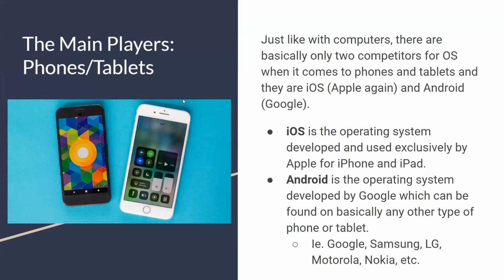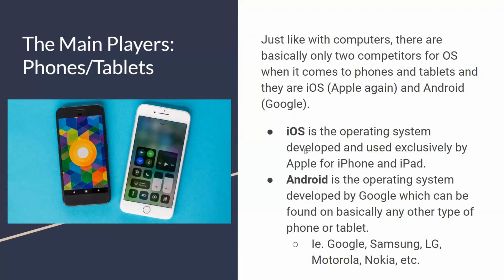The main players, phones and tablets. Just like computers, there are basically only 2 competitors for OS when it comes to phones and tablets, and they are iOS, Apple again, and Android, Google.